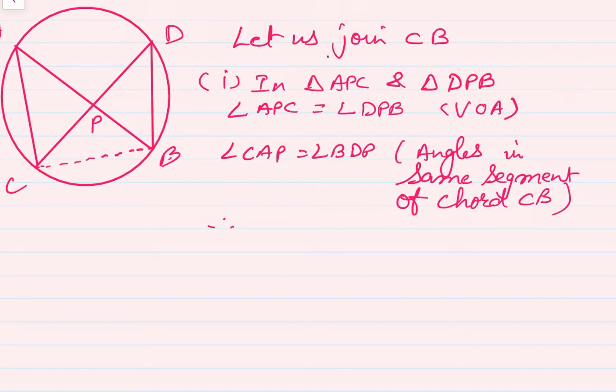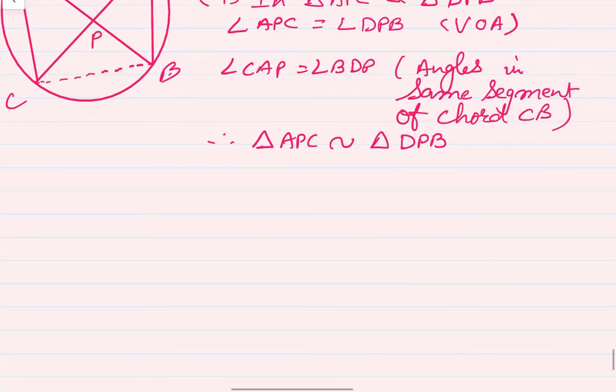Therefore, by AA criteria, triangle APC is similar to triangle DPB.